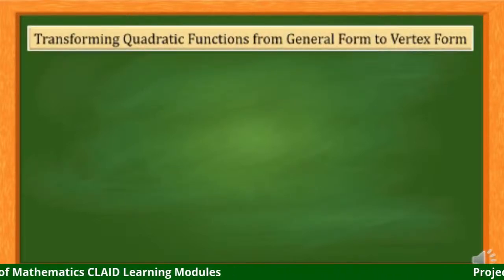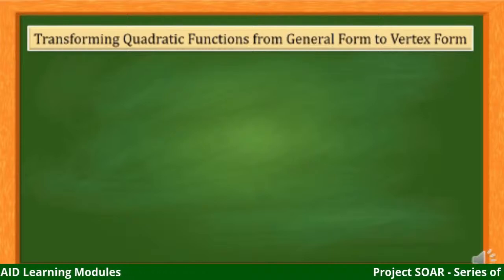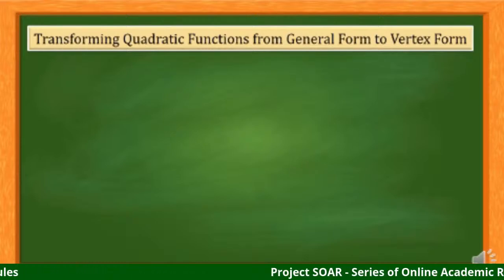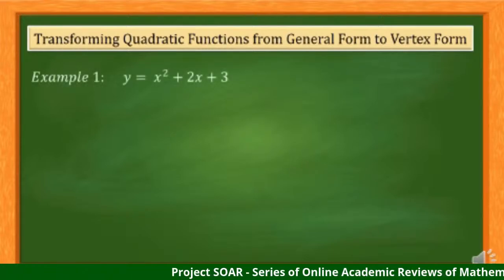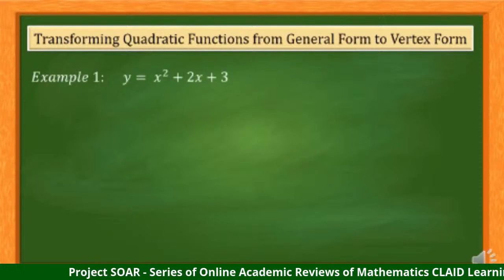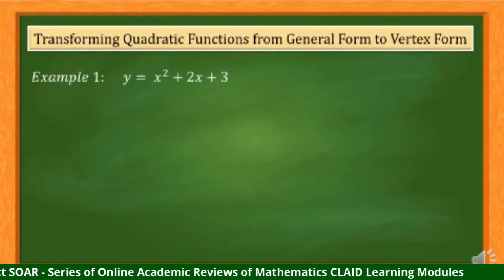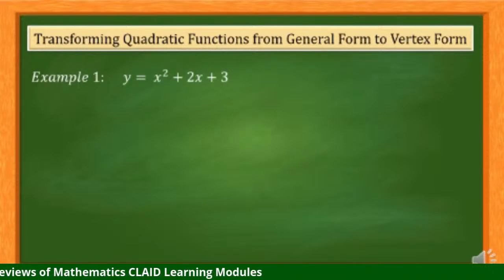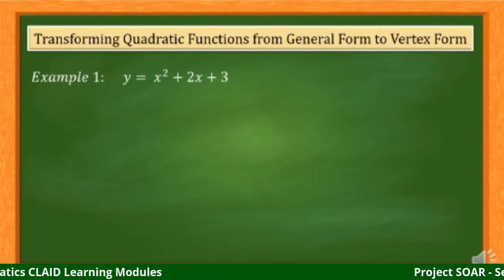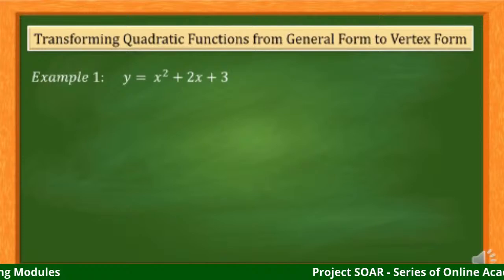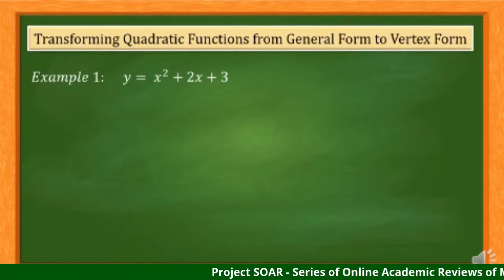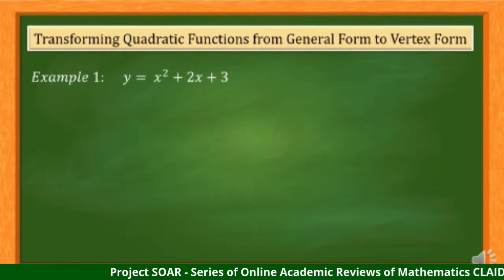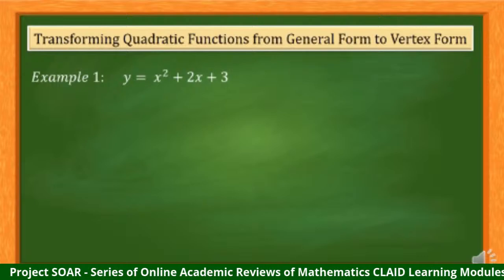Now, let us transform quadratic functions from general form to vertex form. For example number 1, we have y is equal to x squared plus 2x plus 3. So, ang una natin gagawin is igugrupo natin yung terms na may variable. Ibig sabihin, yung x squared at yung 2x, ilalagay natin siya sa loob ng parentheses.